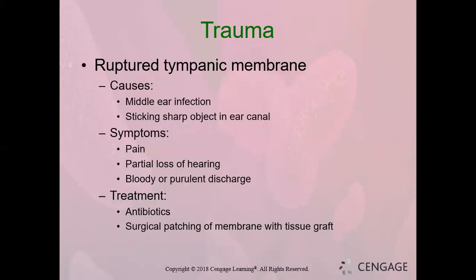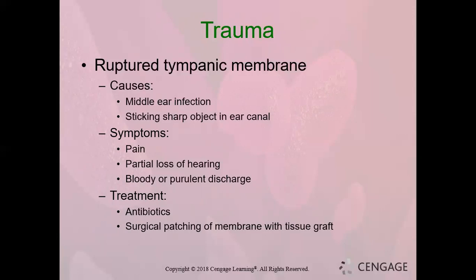You can also have a ruptured tympanic membrane. I actually thought that I did this when I was in Mexico, and I ziplined into a body of water, and I dropped like 20 feet into the water, and the water shot up my nose and in my ear, and I had this horrible sudden pain and pressure in my ear.